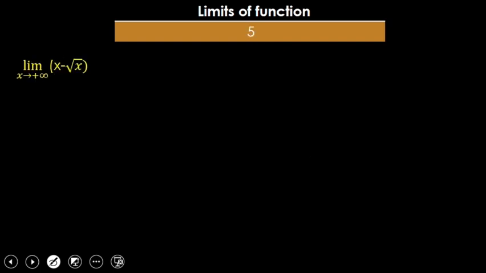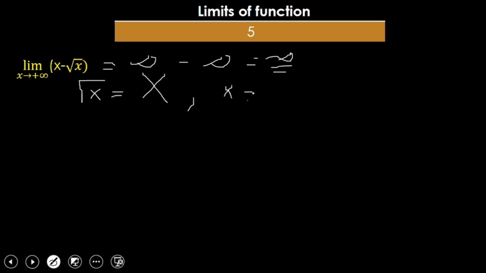The next one is the limit as x tends to plus infinity of x minus square root of x. If we substitute directly, we are going to have positive infinity minus infinity, and it's undefined. We move by finding the conjugate of that, or you can do a change of variable. We take the square root of x equal to capital X, therefore x is equal to capital X square.